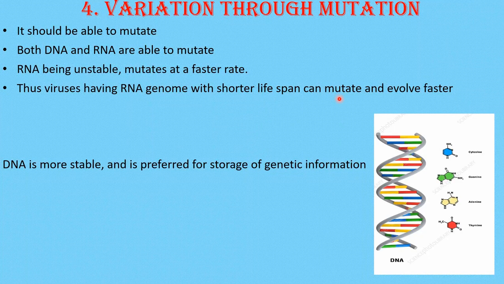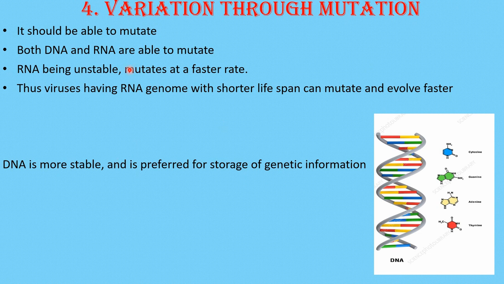Mutate means sudden changes occur in the RNA or DNA sequence due to environmental factors, UV rays or many other chemicals. So this mutation, or sudden change in the DNA or RNA sequence, results in variations, and it evolves very fast.